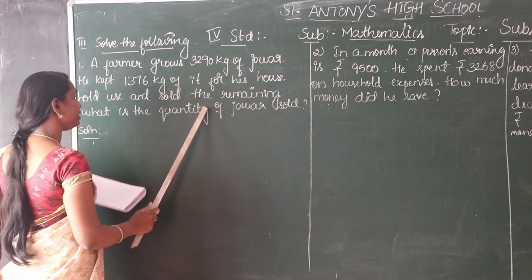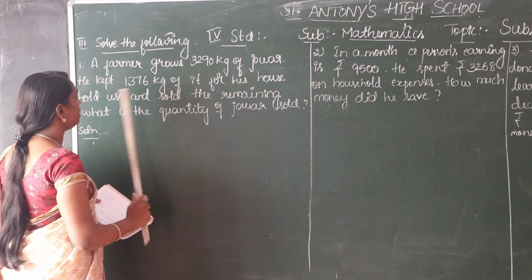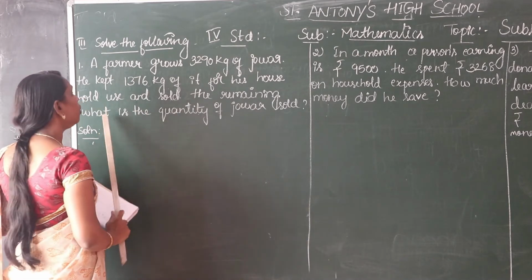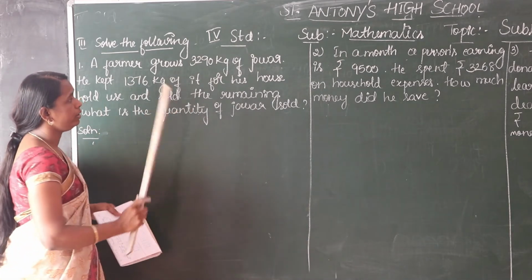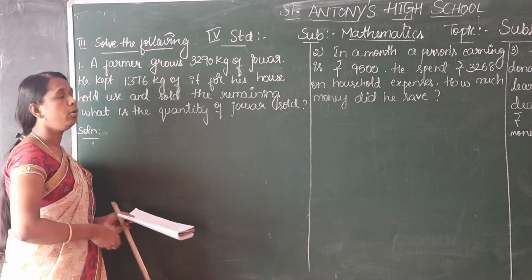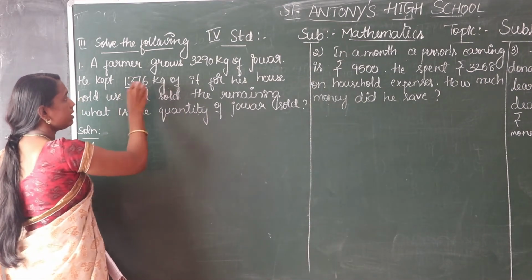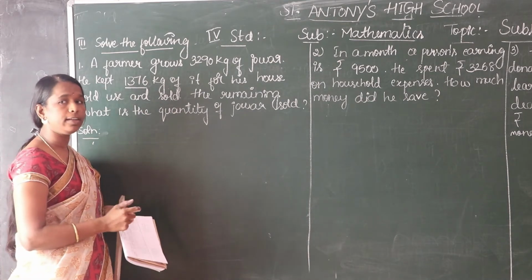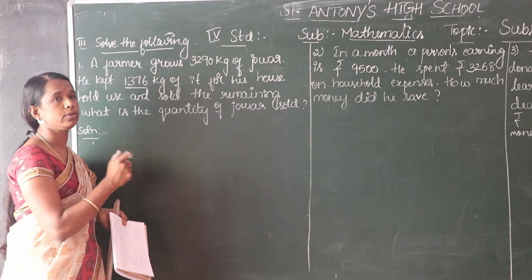What is the remaining quantity? He kept some jowar in his house. How much? 1,376. But we have to calculate how much jowar the farmer sold.